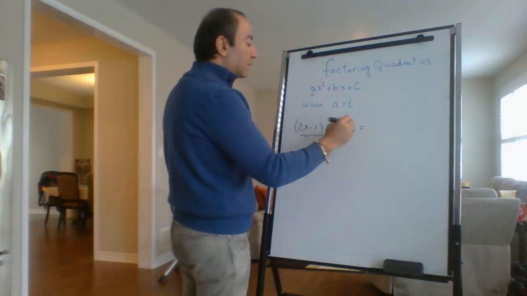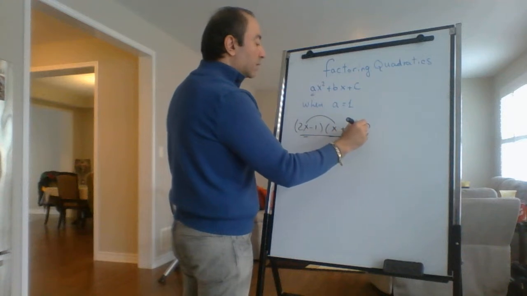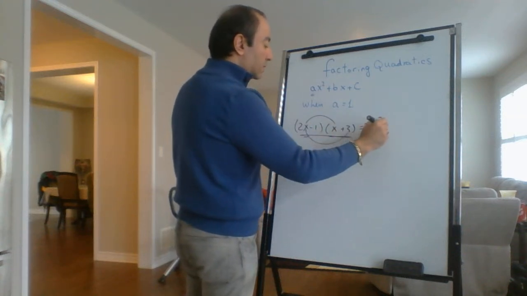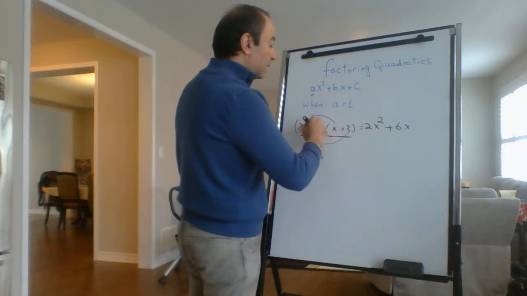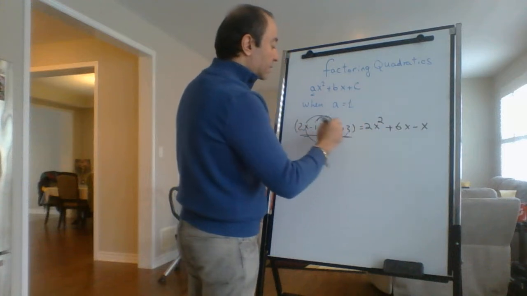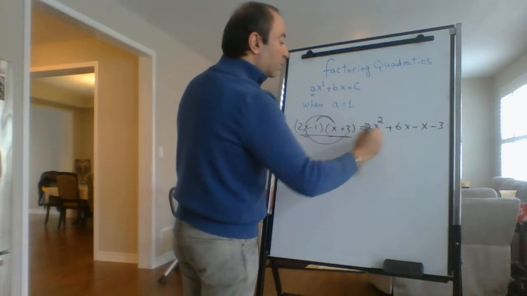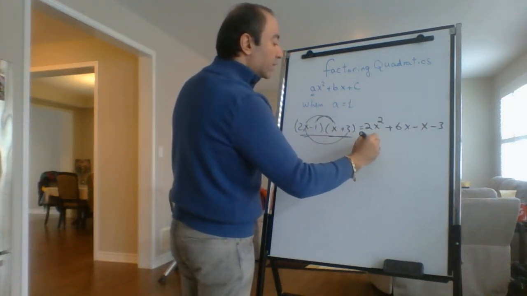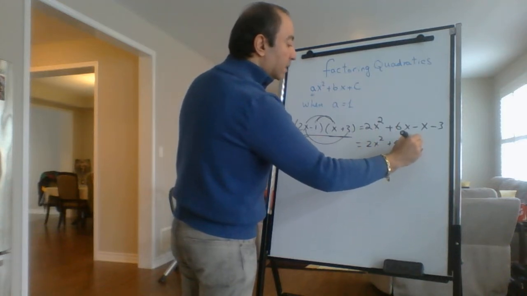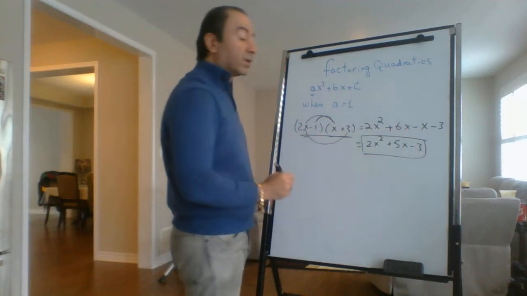So what we did is we multiplied the first, 2x squared, then outer, so 6x, then inner, this is negative x, then last, negative 3, then we combined like terms, so 2x squared plus 5x minus 3. This is what we have learned.